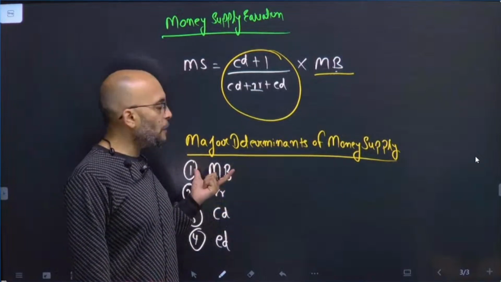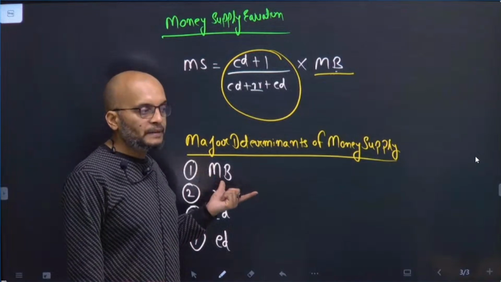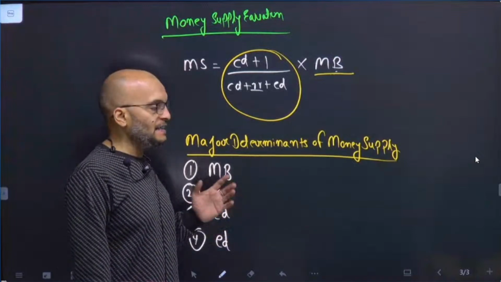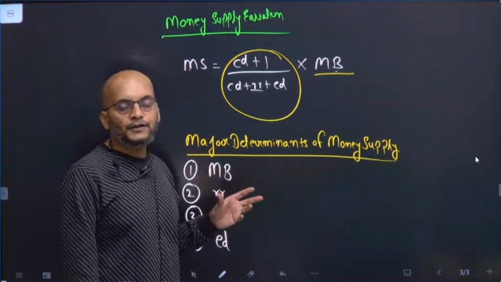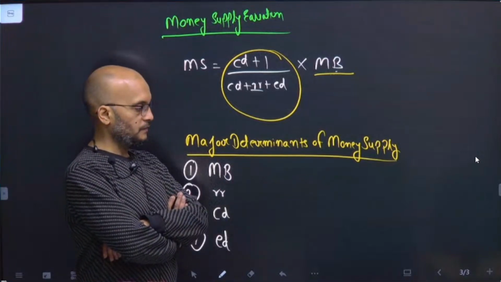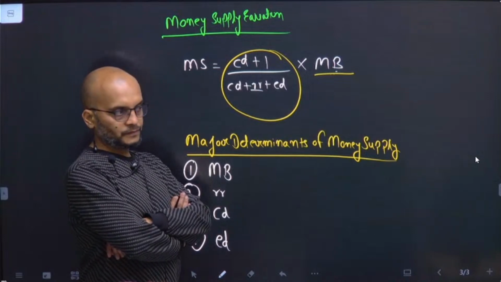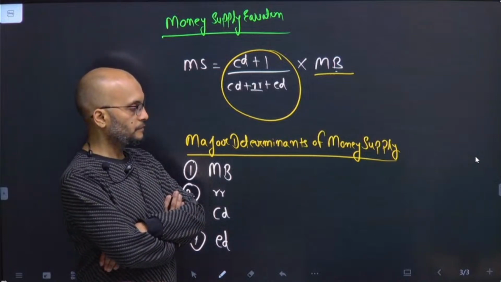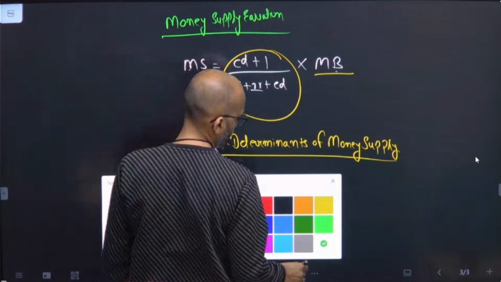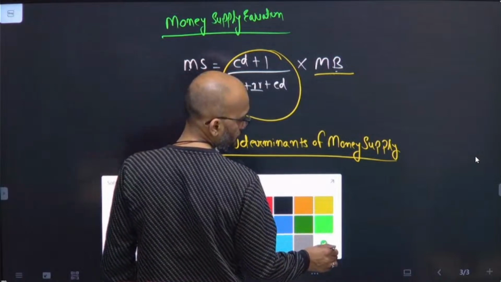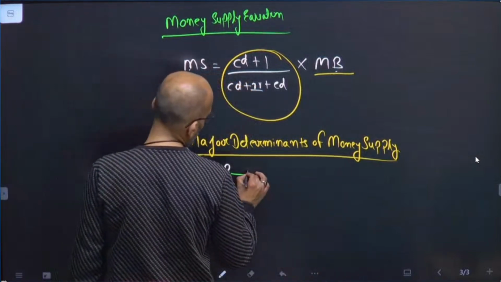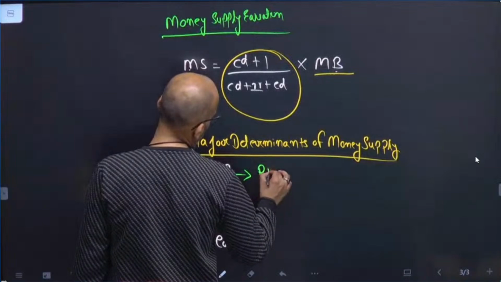So if I talk about monetary base, can you tell me the value of monetary base is controlled by which entity in an economy? So pay attention, monetary base is determined by RBI.